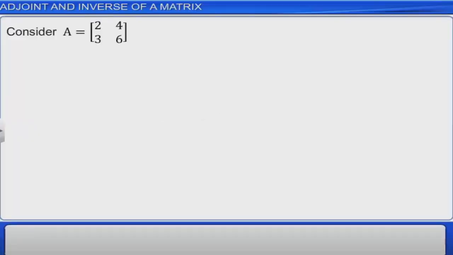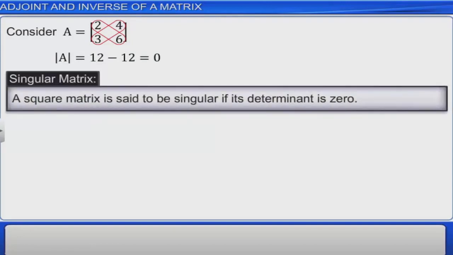While calculating determinant of a matrix A, you often come across situations when it comes equal to 0. A matrix whose determinant is equal to 0 is said to be a singular matrix. Mathematically, a square matrix is said to be singular if its determinant is 0. So, here we can say that A is a singular matrix.